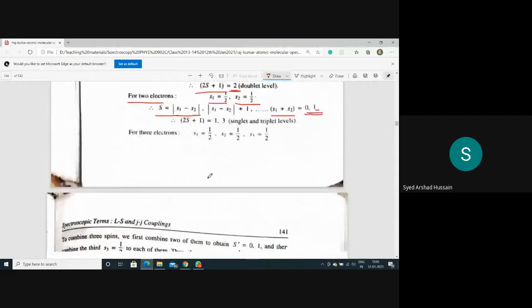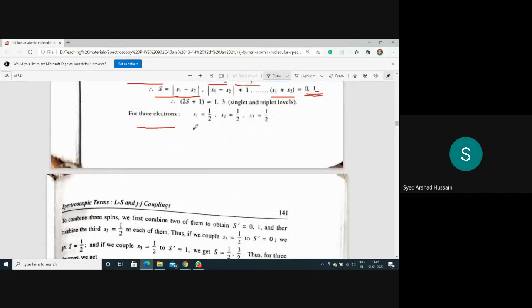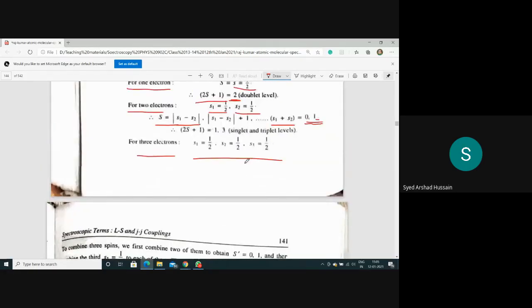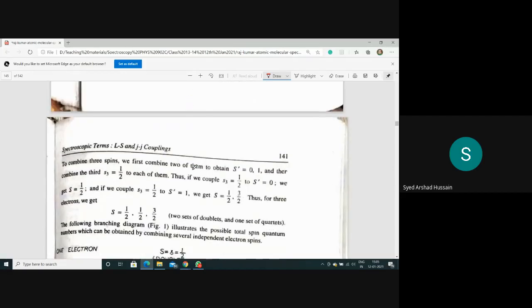If you have 3 electrons, then again S1 is equal to half, S2 is equal to half, S3 is equal to half. So if you consider interaction between S1 and S2 first, then interaction between S3 and the resultant S values. S1 and S2 interaction will give you 0 and 1. Then S3, that is half, will interact with 0: half plus 0, half minus 0, that is half.